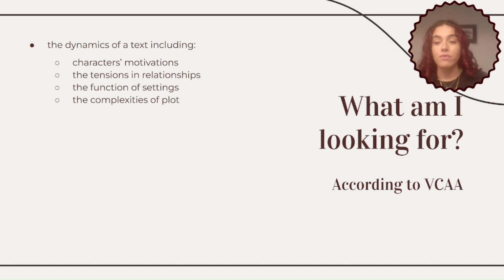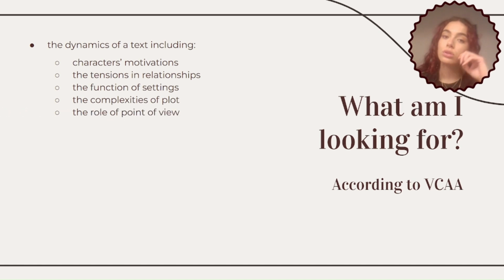The complexities of the plot, the role of point of view. There is a difference between third and first person in the ways in which the audience connects with and understands certain characters. Is there a difference between certain characters in their point of view chapters, if there are any differences? Some texts are just solely one point of view, and that's fine. What is that point of view doing?